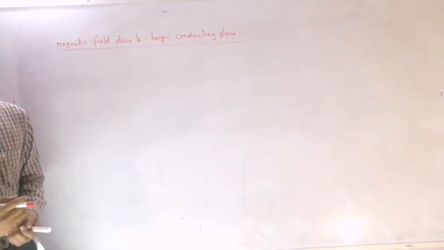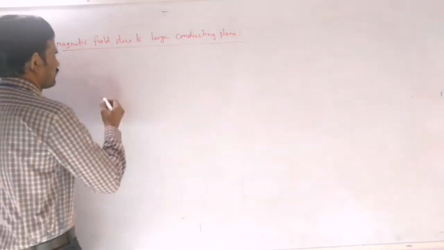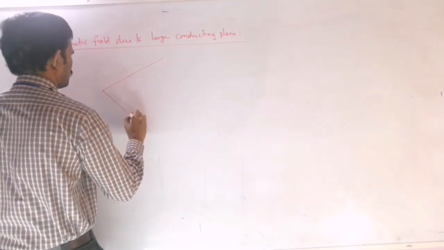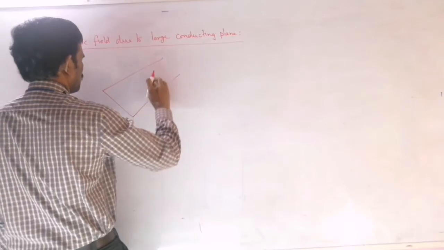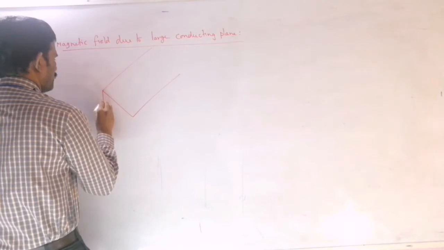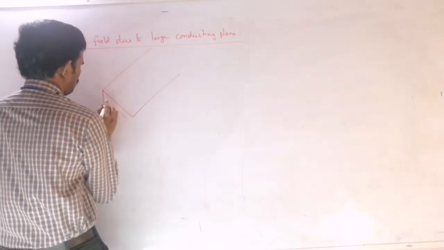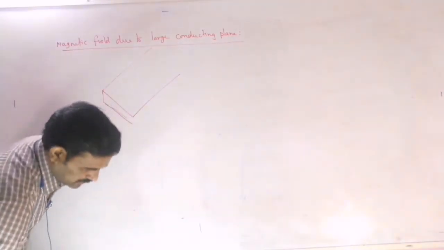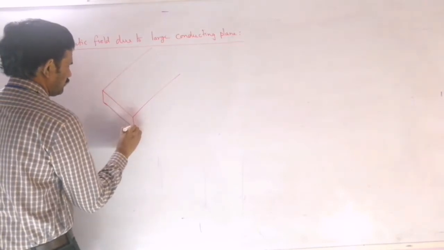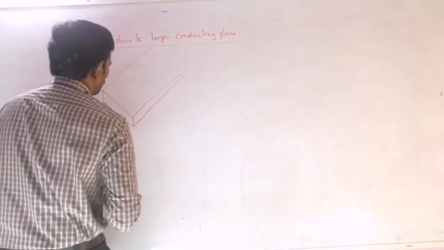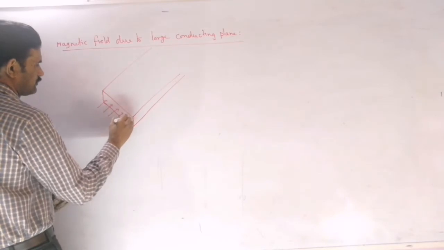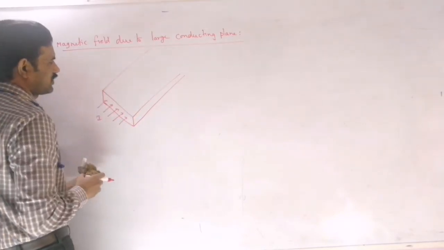A large conducting plane means we consider it like this. So this is the plane that we are taking here. This is our plane, you may consider it like this. So current is now flowing along this direction. Some total current I is flowing along this direction.